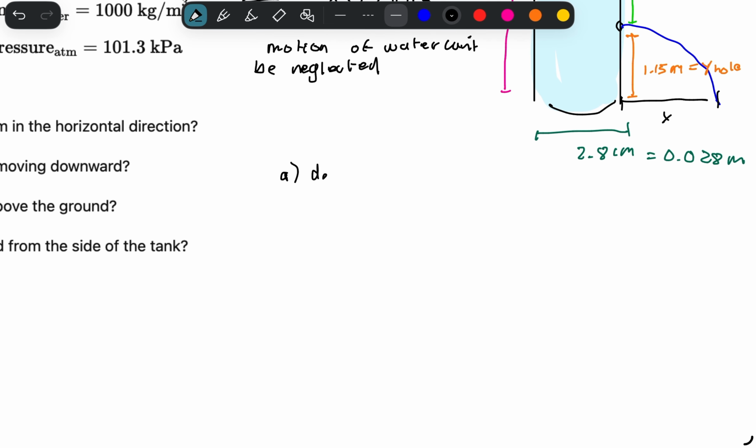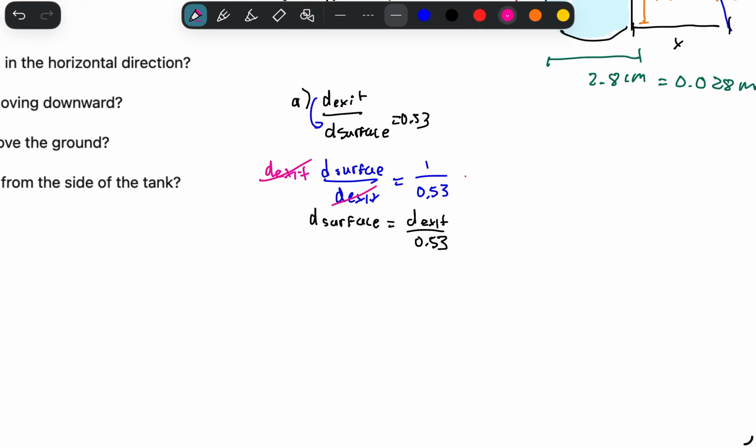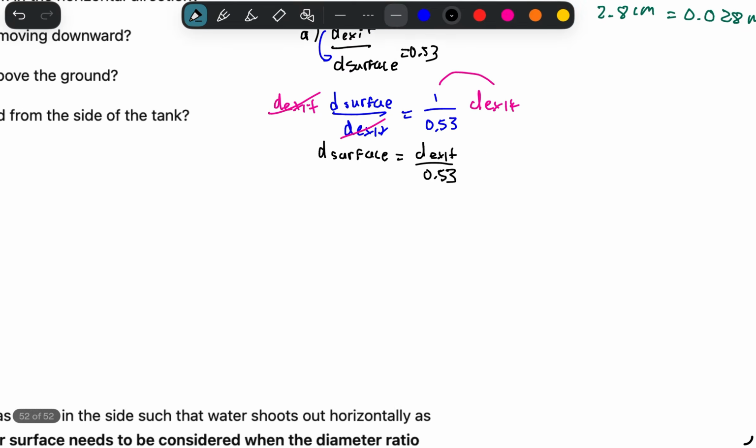If you flip these, then you get d surface over d exit is equal to 1 over 0.53. And then if you multiply both sides by d exit, that's how you get that.